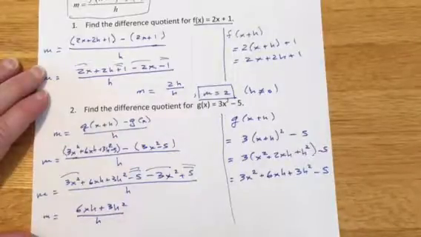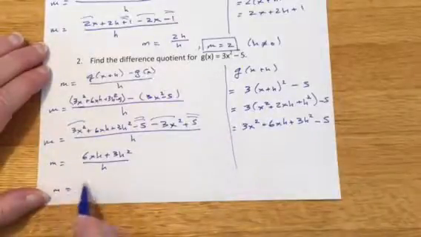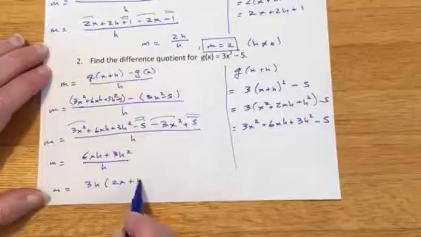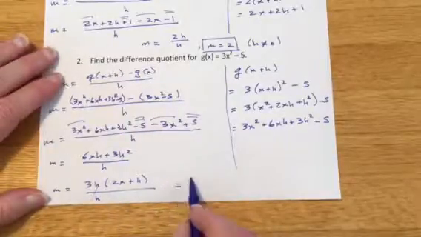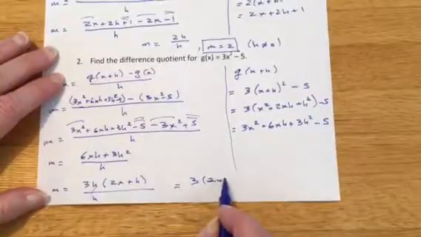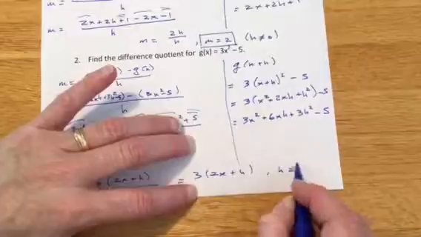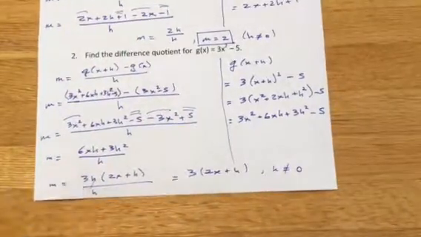And then we could see we could do some factoring. Okay, so again, we just clean this up a little bit more. We could take out a 3h, and that leaves us with 2x plus h over h. And again, those will cancel. And so I'm left with 2x plus h. And again, it's just a nice habit to say, remember, h can never be 0 in this problem since it's sitting in our denominator.